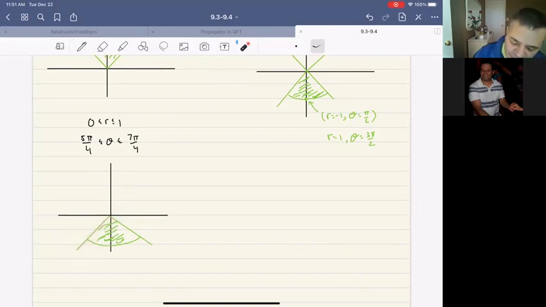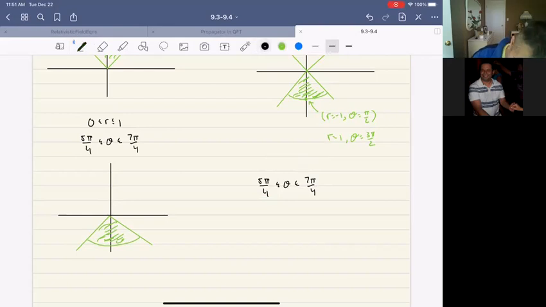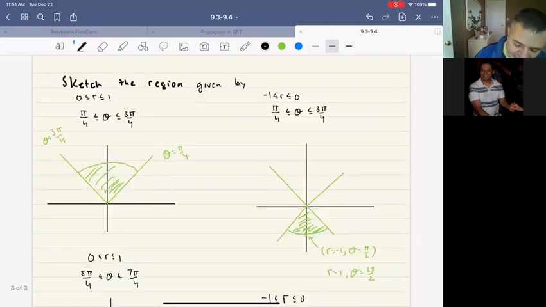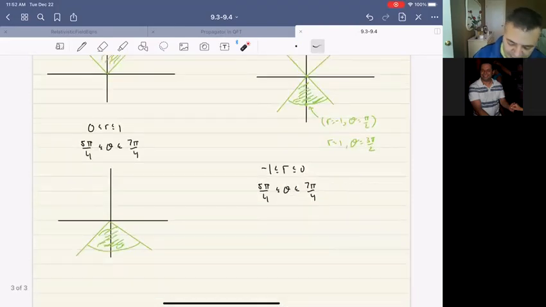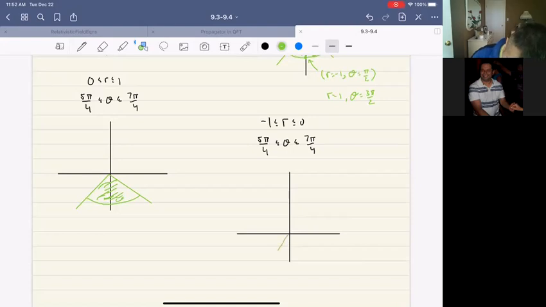Okay. Meanwhile, if we do these same angles, okay, but we take r being negative, then that's going to actually be the same graph as this one here. Okay, again, 5 pi over 4, 7 pi over 4 is here.